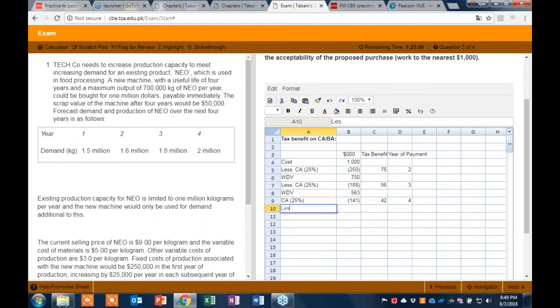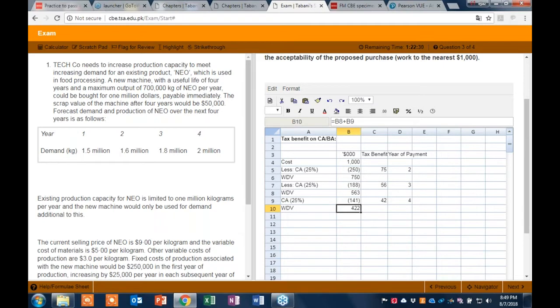Now we are entering the last year of the business. So let's calculate the WDV for the last year. It's 422. Now, since we've entered into the last year of the project, there will be no further years left to claim this tax benefit.